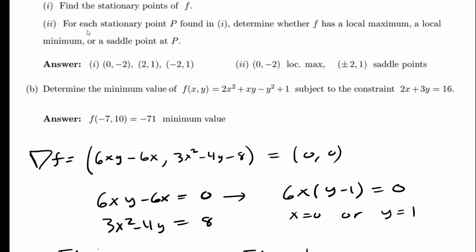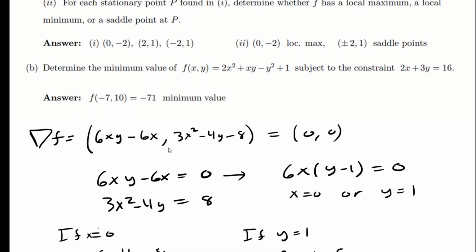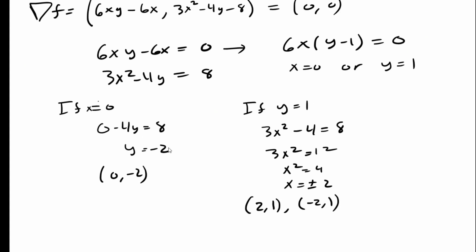Yes. For each stationary point, determine whether f has a local maximum, a local minimum, or a saddle point at P. Okay, so for this, I need to make the Hessian matrix. So this is the fxx, fxy, fyx, fyy. And then I'm going to need to evaluate this at each of these points and check the determinant.